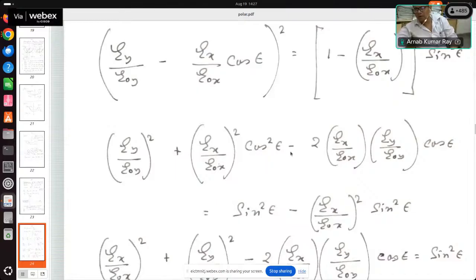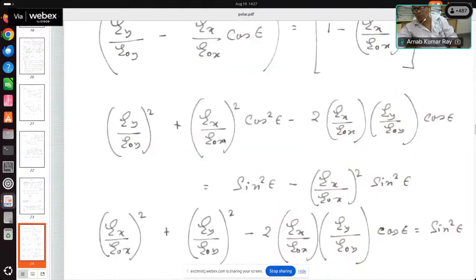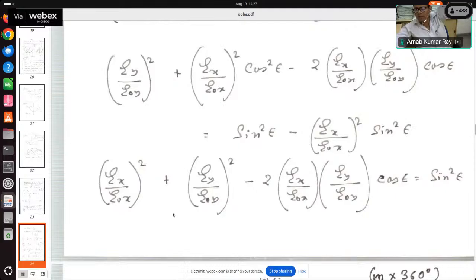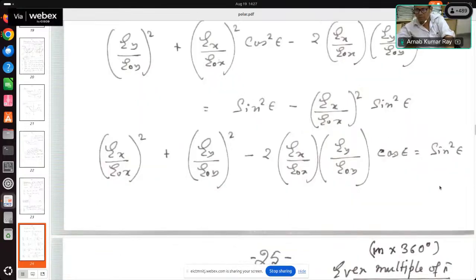The sine squared epsilon part we can take to the left hand side, and there you have a cos squared epsilon. Both have the same prefactor, Ex by E naught x whole squared, multiplying cos squared epsilon plus sine squared epsilon, which is 1. So here we have: Ex by E naught x whole squared plus Ey by E naught y whole squared minus 2 Ex by E naught x into Ey by E naught y cos epsilon is equal to sine squared epsilon.